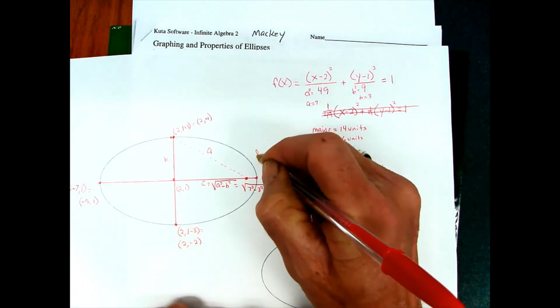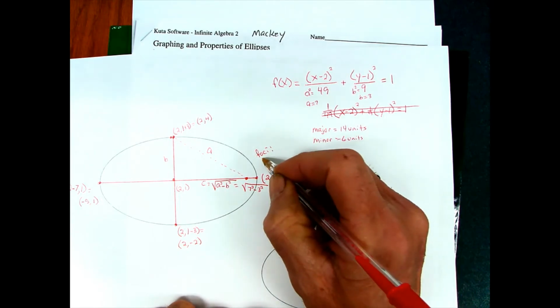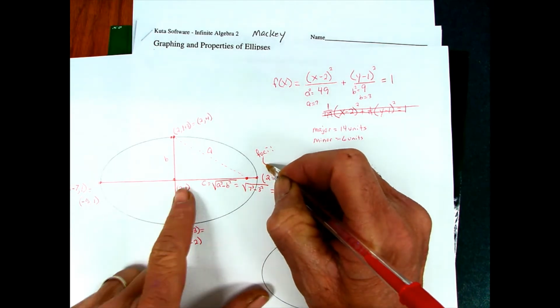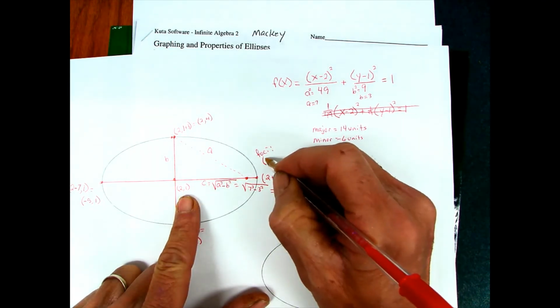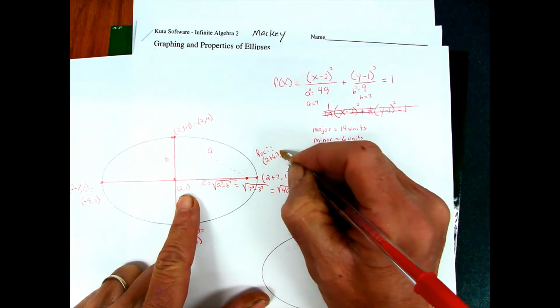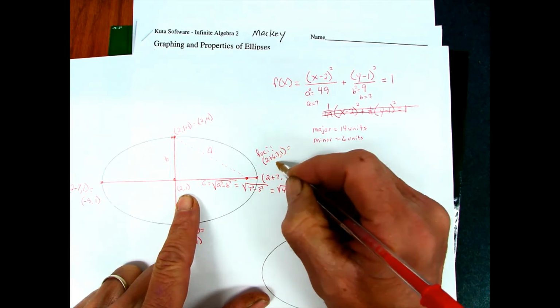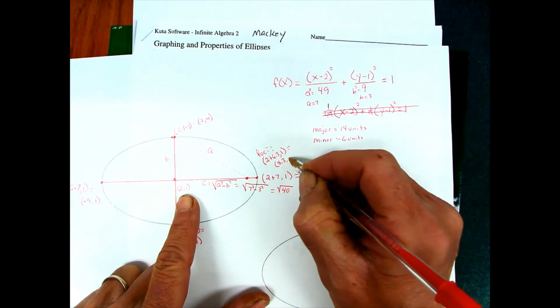So for the foci, it's going to be the center point, 2, 1, going in the x direction, so 2 plus 6.3, comma, 1, and that gives you the point 8.3, 1.